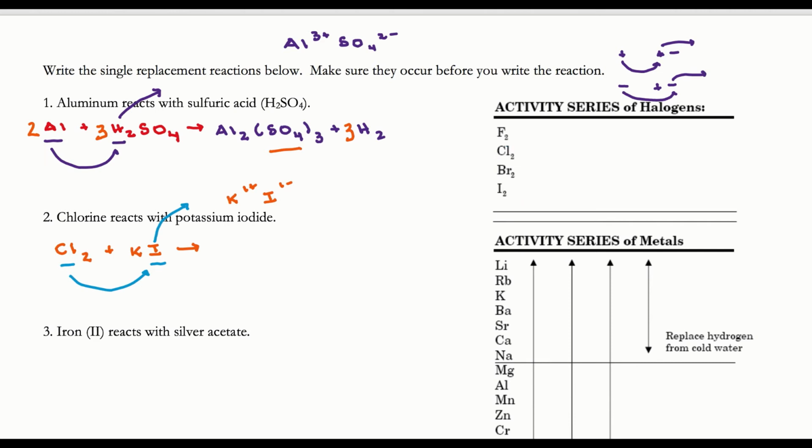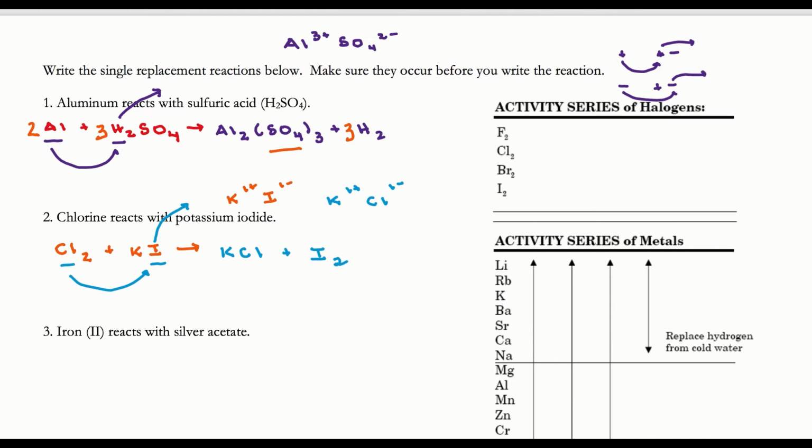So now I'm going to have a new compound with potassium and chlorine. Remember, the reason why I'm writing it this way is that your positive ion always goes before your negative ion. So when I cross charges, I get KCl. And then iodine got kicked out, so it is going to be by itself. But remember, since iodine is diatomic, it's going to exist as I2.